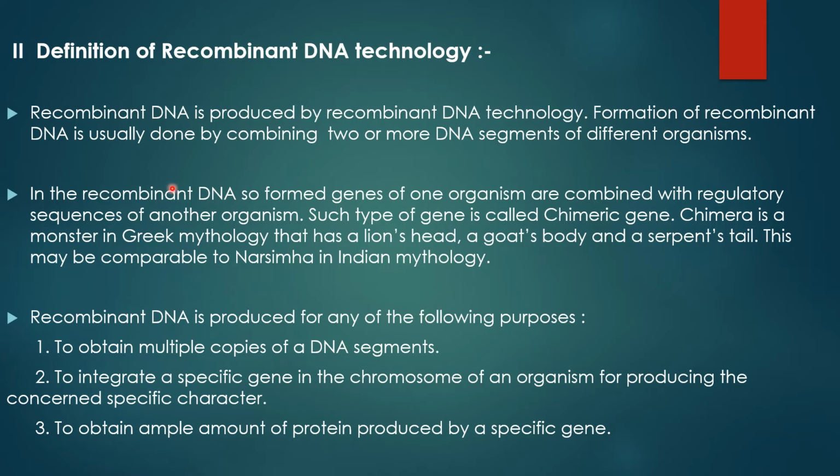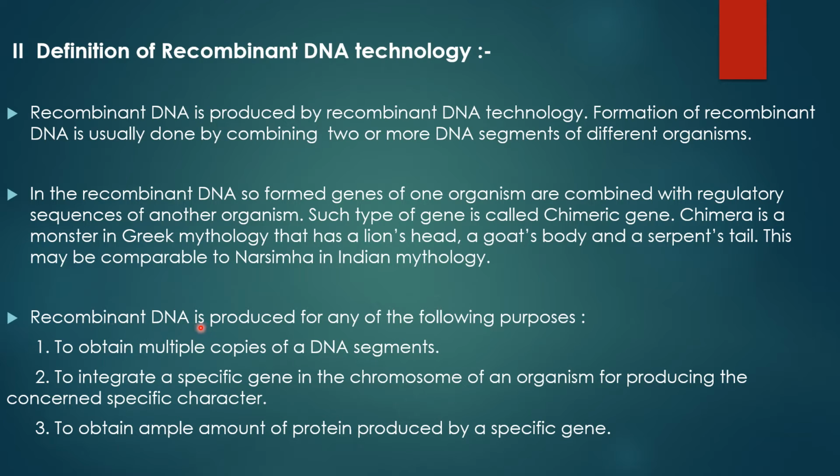In the recombinant DNA so formed, genes of one organism are combined with a regulatory sequence of another organism. Such a type of gene is called a chimeric gene. Chimera is a monster in Greek mythology that has a lion's head, a goat's body, and a serpent's tail. This is comparable to Narasimha in Indian mythology.